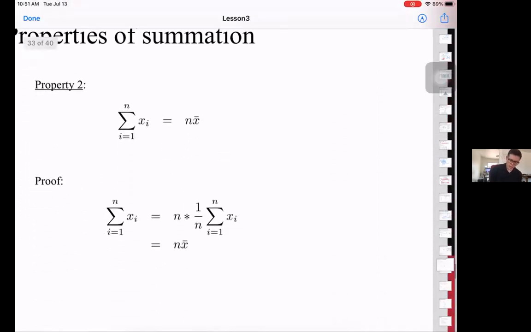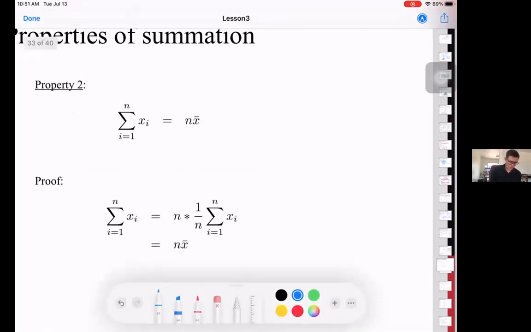So this is a really cool one. I like this one a lot. If you were to add up all the x's, it's the same as multiplying the average x times the number of observations. One way to see this is a very routine math trick, watch this. n times 1 over n is equal to 1 because the n's just cancel out.